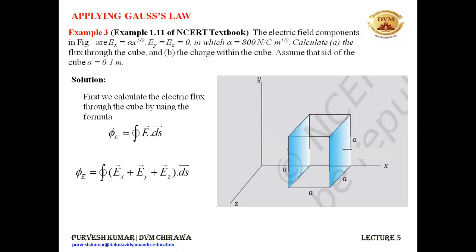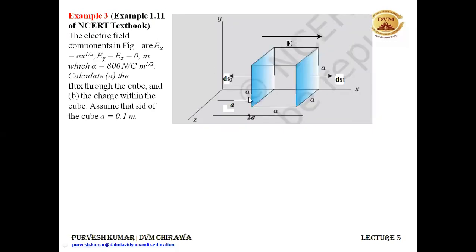Okay. Moving ahead. See, there are 6 area vectors. One is ds1 from this surface marked with blue color. The other one is ds2 from this surface marked with blue color. The third one will be like this. Let me give you the direction of the third one. The third one will be like this from the top surface.